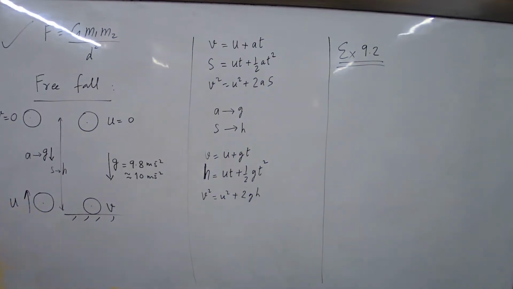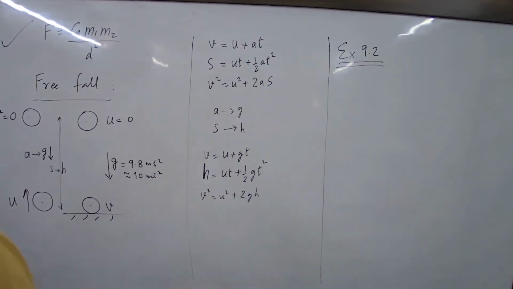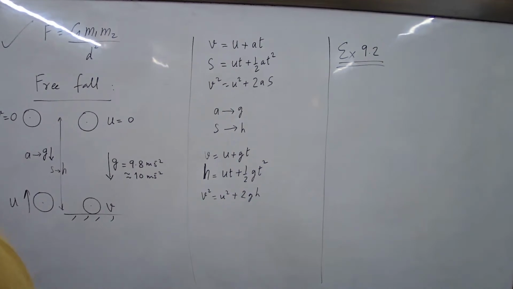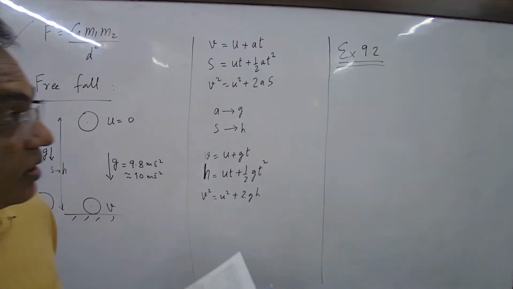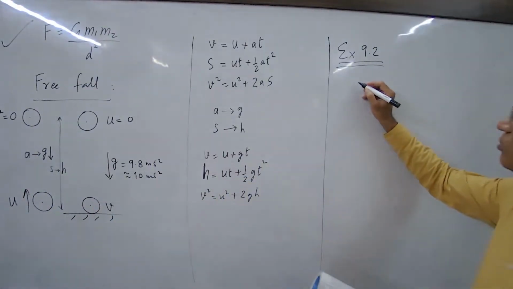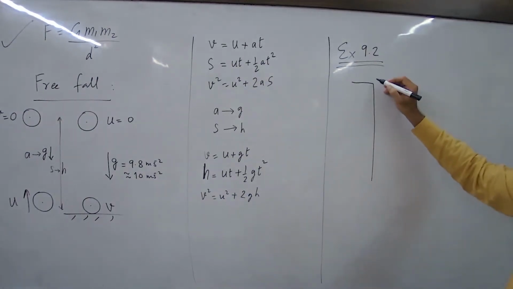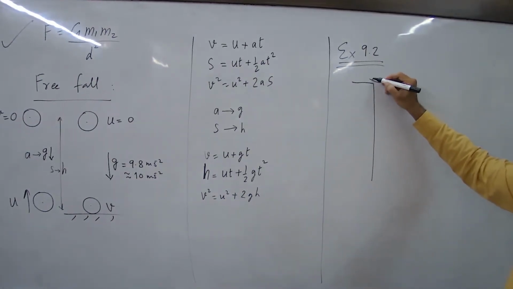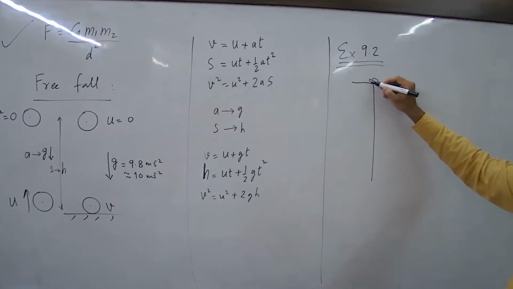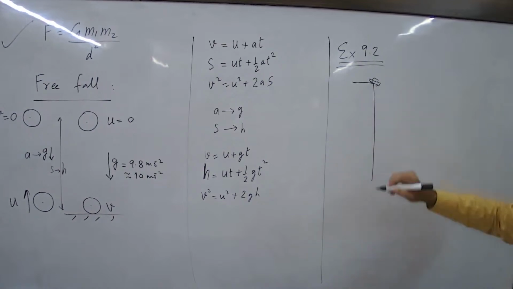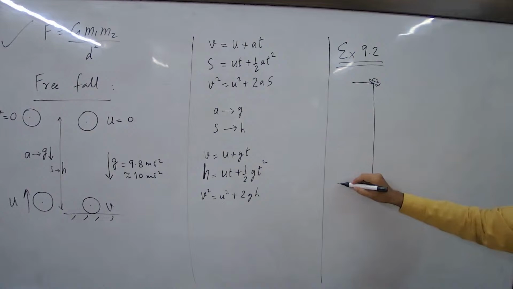It reads like this. A car falls off a ledge and drops to the ground in 0.5 seconds. Okay, so ledge is like some hill top. Let's say the car fell from here. It is going to fall.